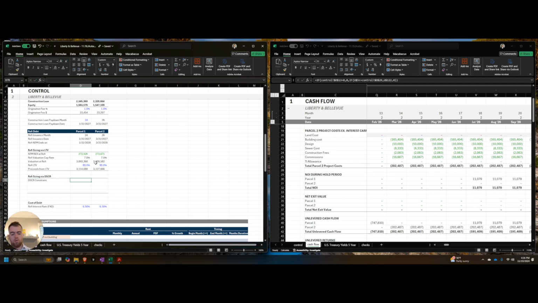DSCR constraint 1.25x. So DSCR is like debt service coverage ratio, so your total cost of debt over your NOI.